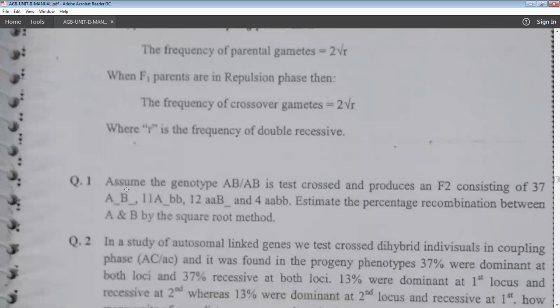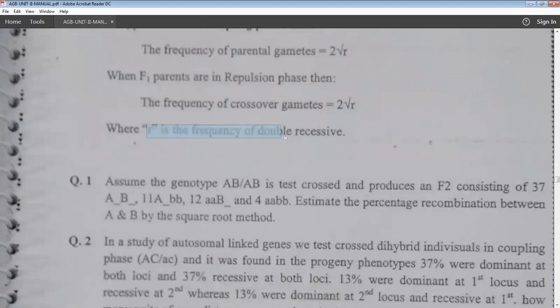Now we have a frequency question. Assume the genotype AB/ab is test crossed to produce F2 consisting of this and this. Estimate the percentage of recombination between A and B by the square root method.